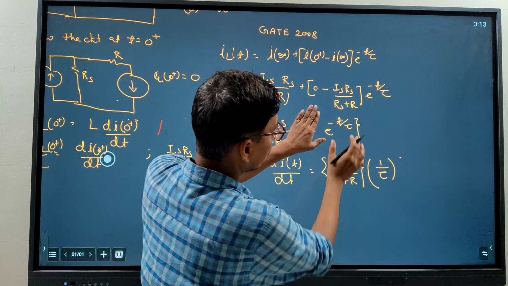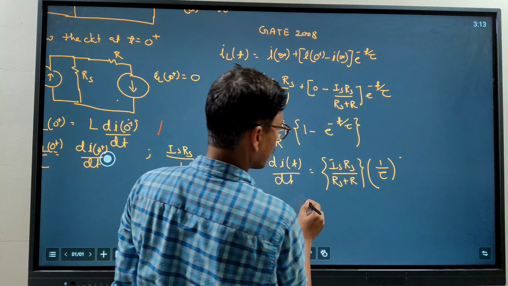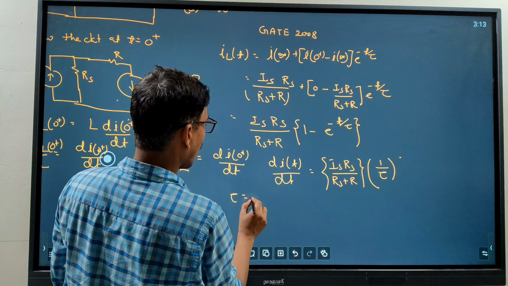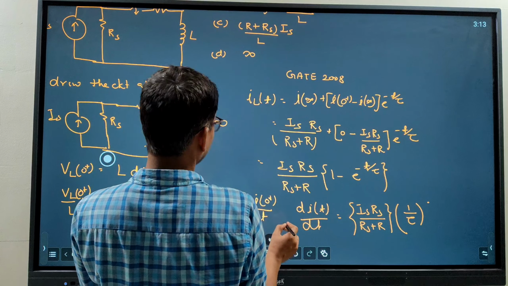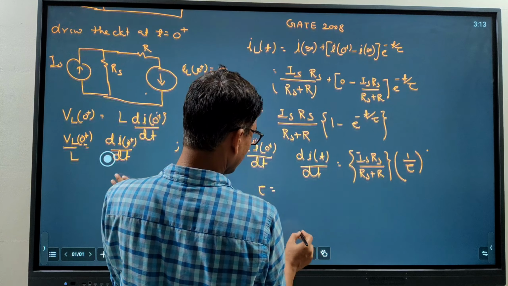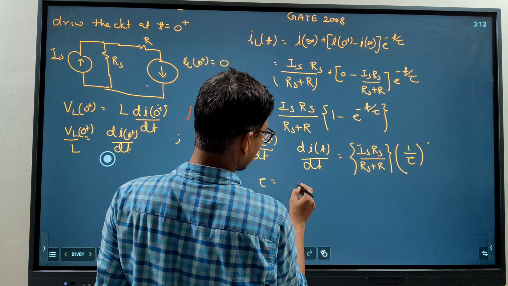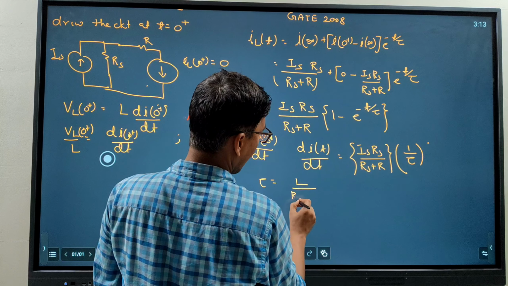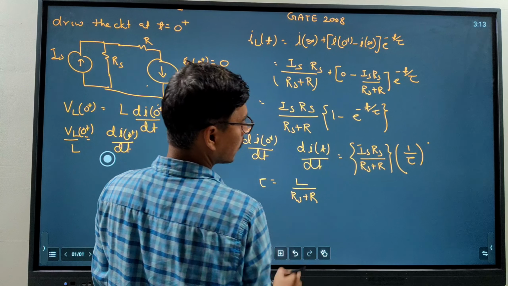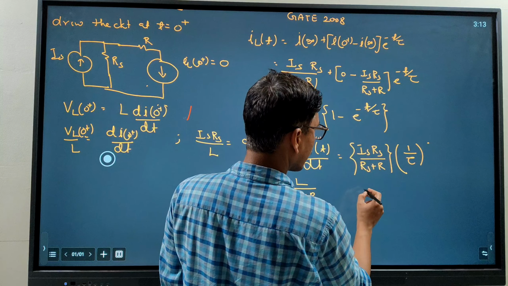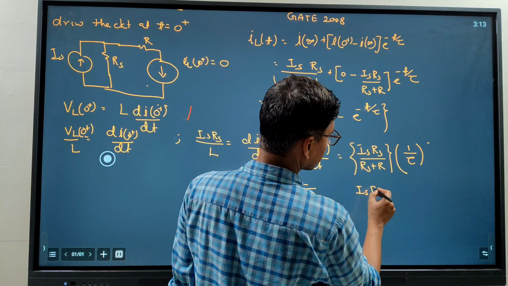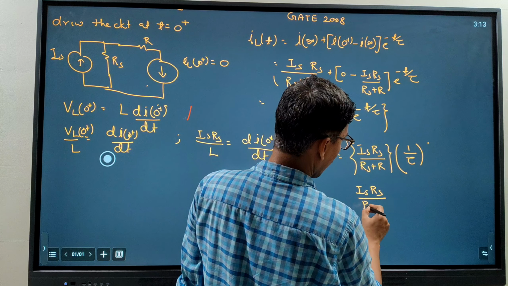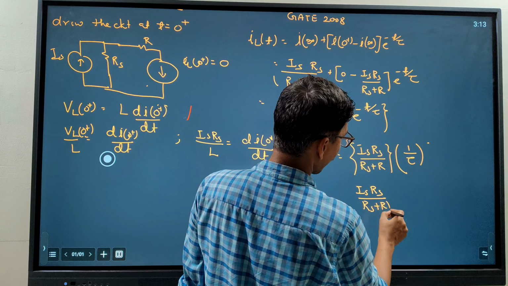So this is the differentiation. Tau is equal to, see the circuit, L by Rs plus R. Just put it there. You will get Is Rs by Rs plus R.